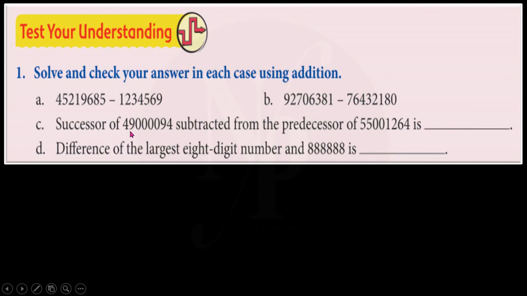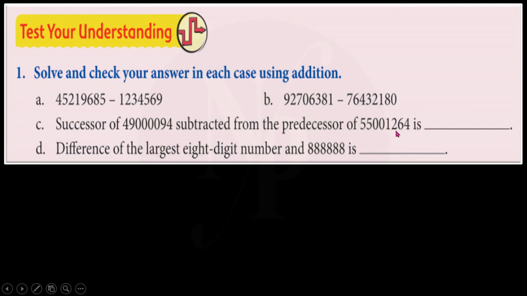We know that successor of any number is one more than the given number, or in other words, to obtain the successor of this number, we have to add 1 to this number, and to obtain predecessor of this number, we have to subtract 1 from this number.